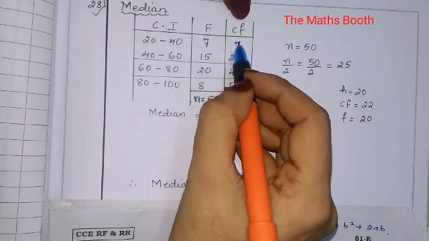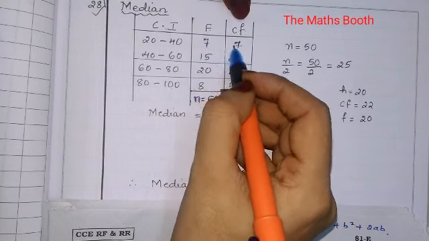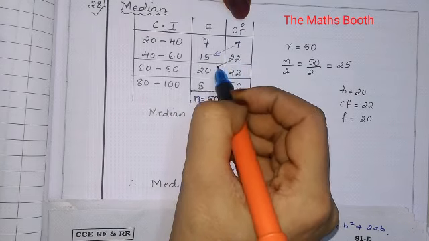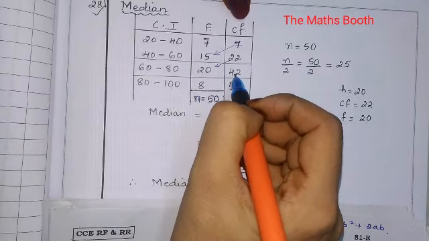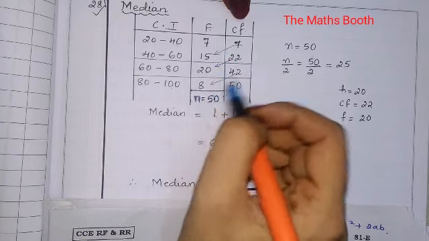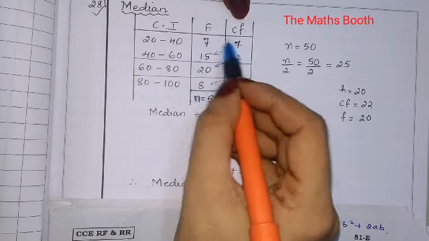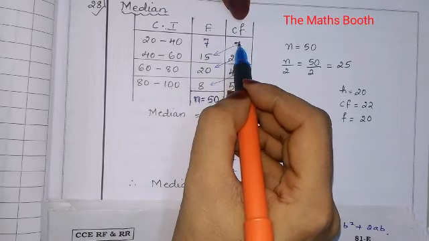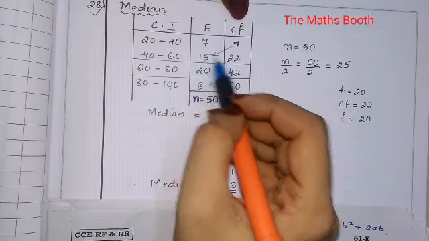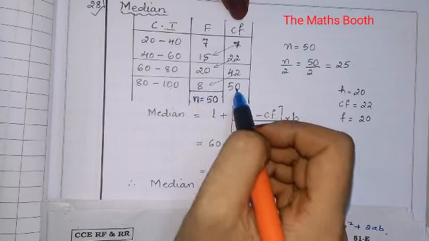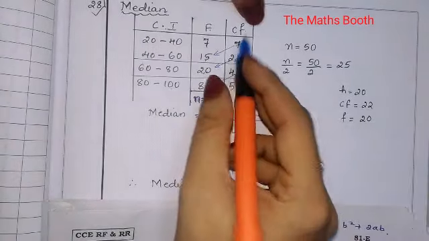Then 7 plus 15, 22. 22 plus 20, 42. 42 plus 8, 50. Like this we have to go on adding. In all problems, the first number we keep as it is, whatever it may be. So we got the CF.